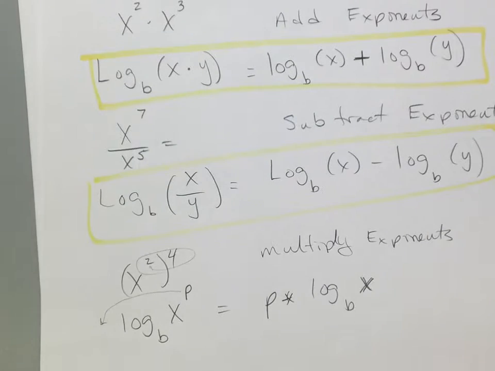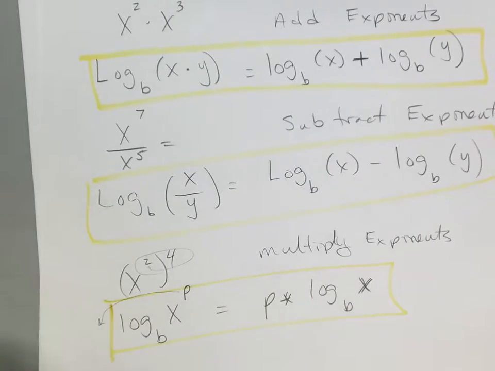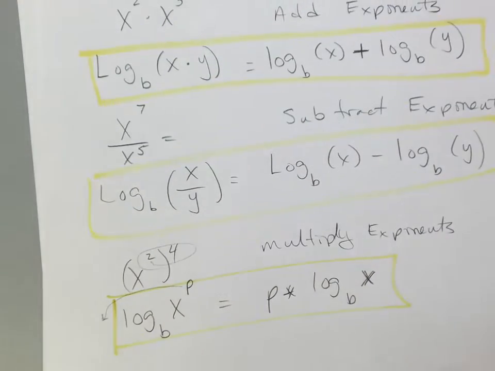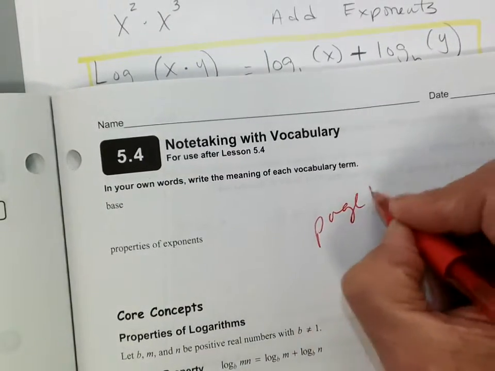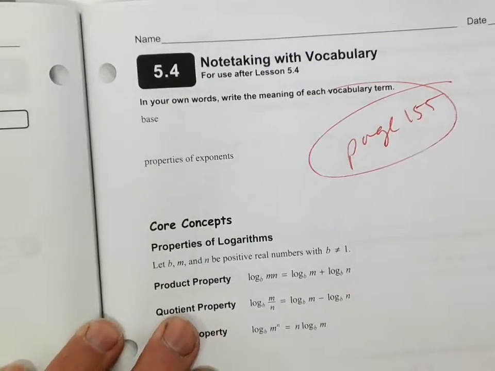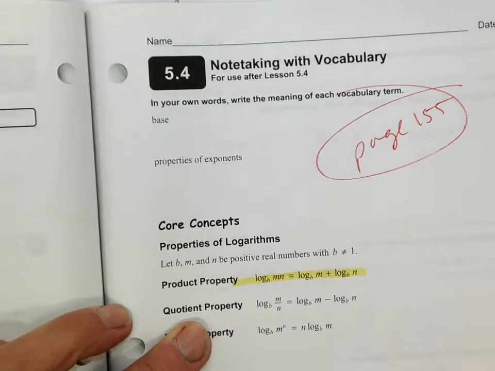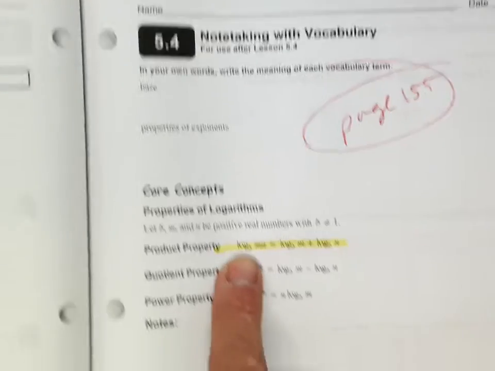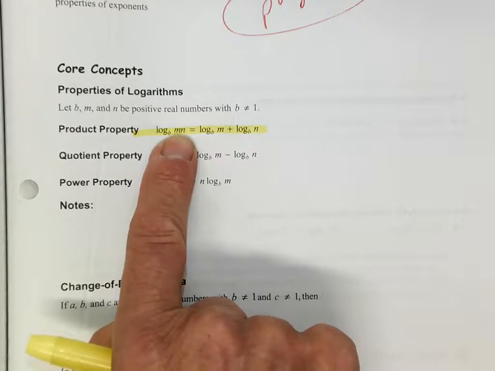Now, highlight that. Grab your journals. Hang on to this, and let's see what your journal says. On page 155, we go to our journals, and here are our properties. Here's our first one. It's exactly what we said: if we've got log base b of m and n together, we can break it up into two logs.